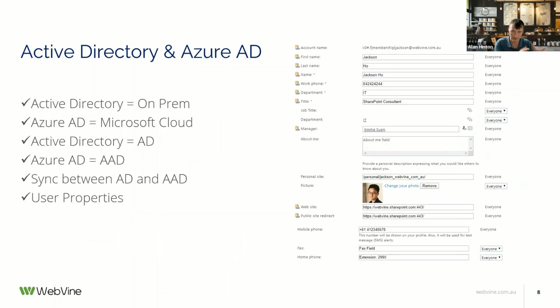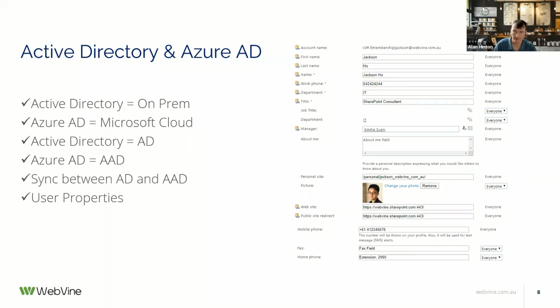I've been talking a little bit about Active Directory, and I mentioned it's a server that sits inside of your office, wherever you work, in the server room, and that we call on-prem. So Active Directory is on-premise, or on-prem, in your server room.